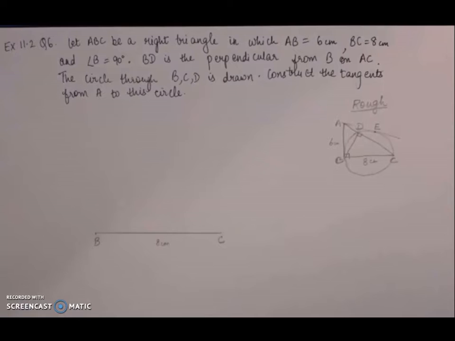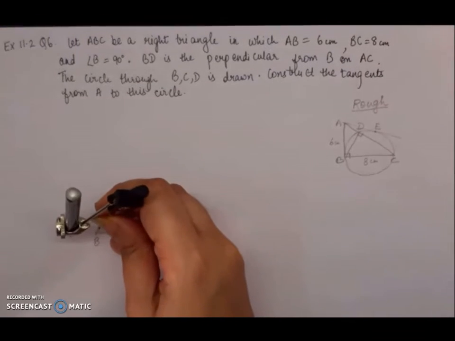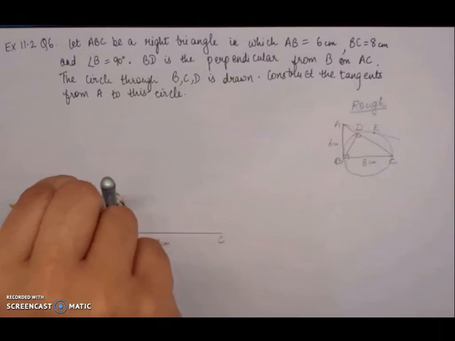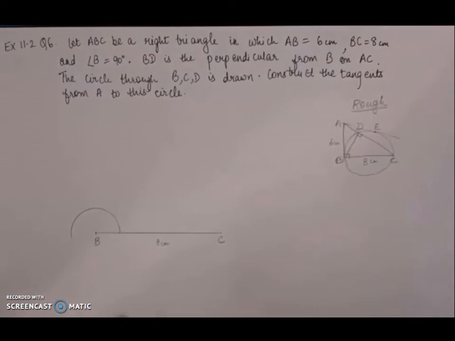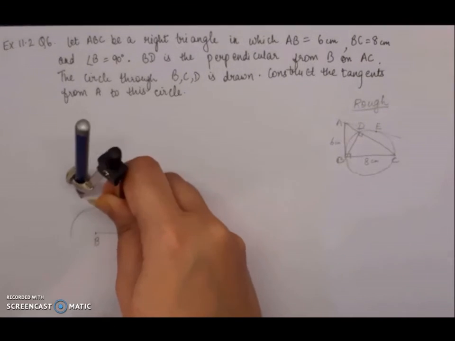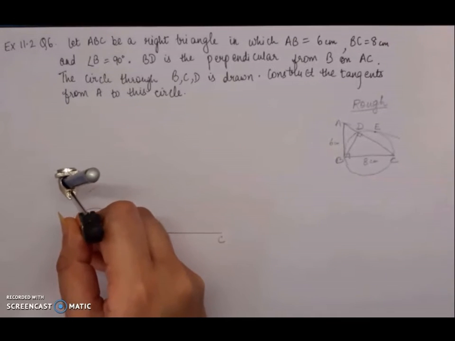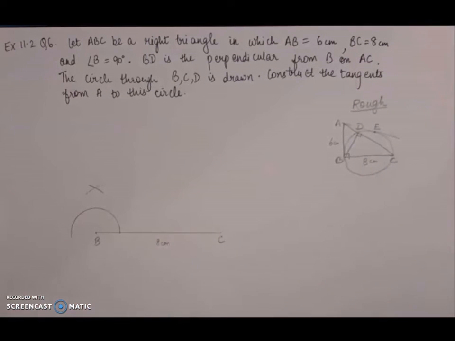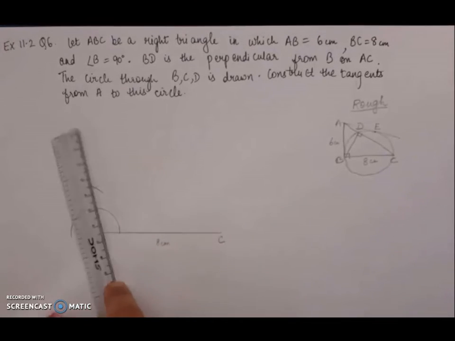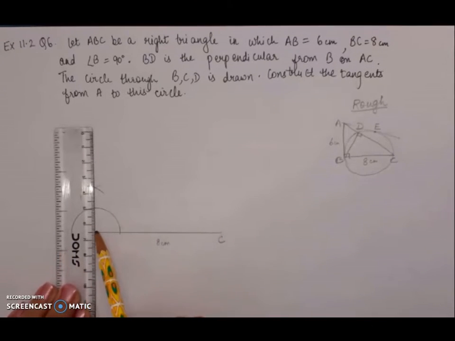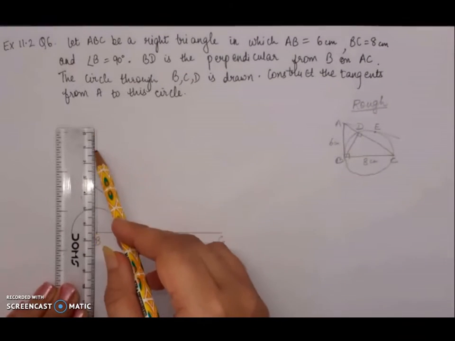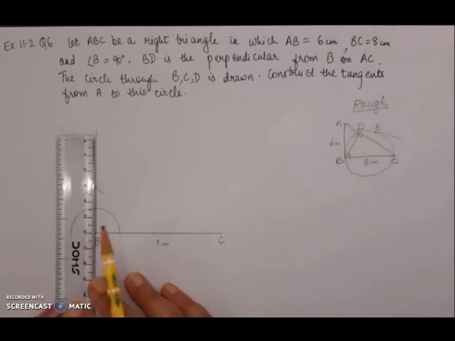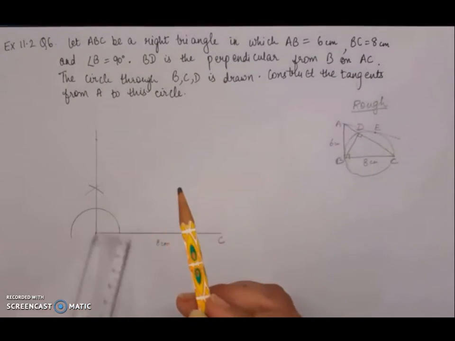Now next, we have to construct a 90 degree angle at the point B. So this is the 90 degree angle that I have constructed at B. Now on this line, I will be measuring 6 cm because that is the length of the side that is given.